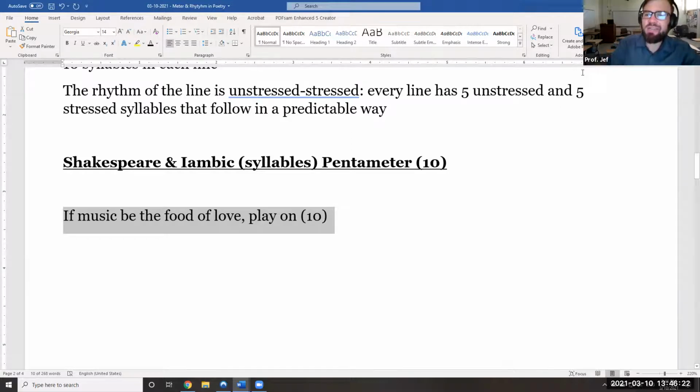Let's just start with meaning. What's the meaning here? We've got a big metaphor, but he's in just one line. If music be the food of love, play on. What do we think the meaning is?